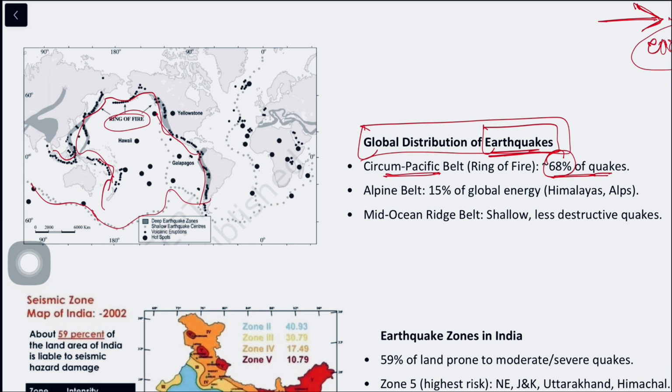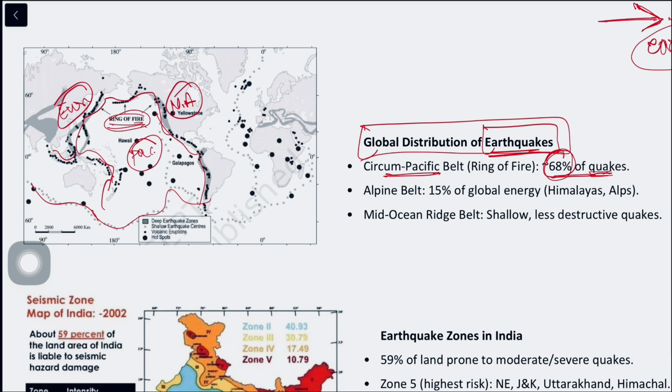There will be constant movement of the Pacific plate, Eurasian plate here, and the North American plate as well. There are always constant frictions and collisions between these plates, and subductions also happen here. That's why the major earthquakes are happening here, and that's why we call it the Ring of Fire, because most of the earthquakes and most active volcanoes are present here.